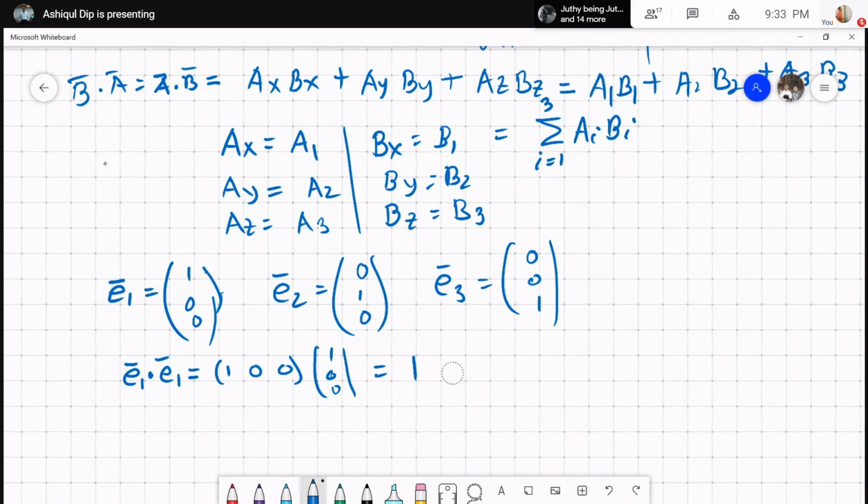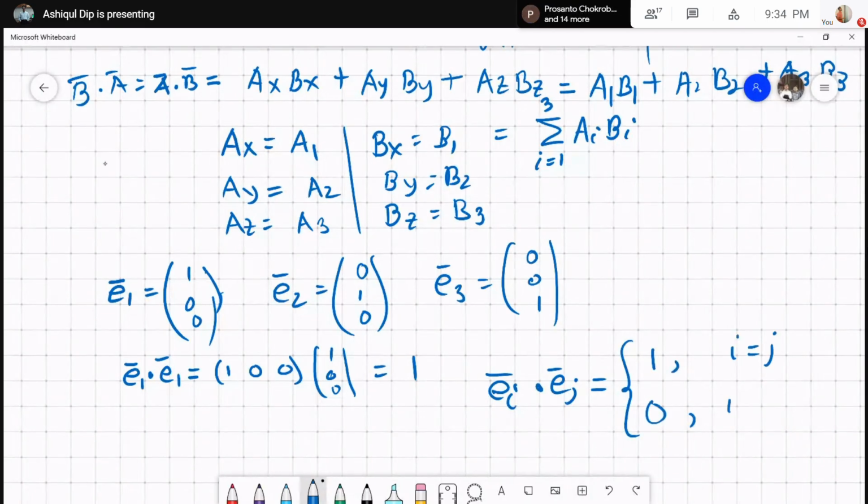So we can generalize this as E_i dot E_j. What is this? Kronecker delta ij. It gives you 1 when i equals j, and it gives you 0 when i is not equal to j. This is a special thing that has a very special place in GR, so we have a specific notation for it. We call it the Kronecker delta.